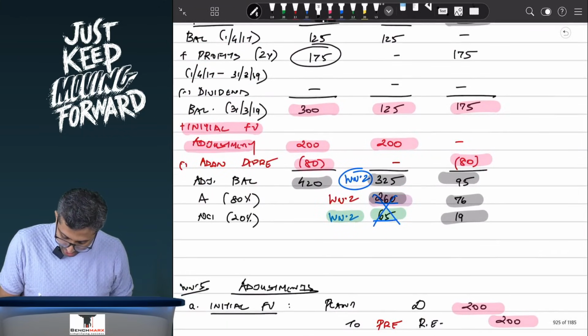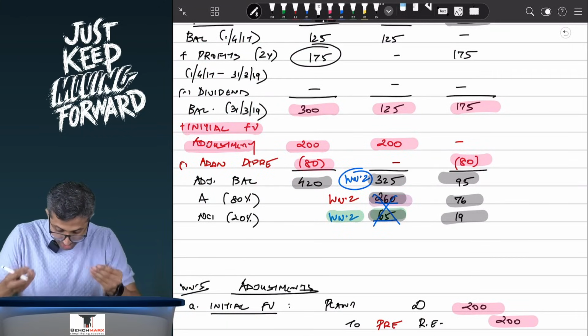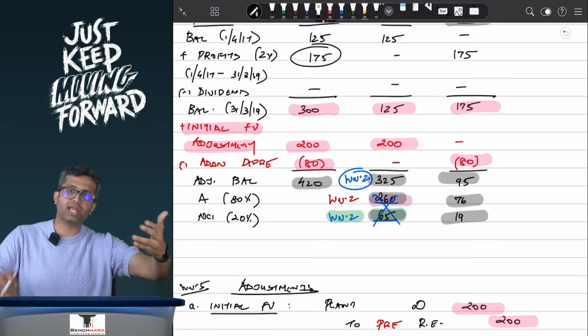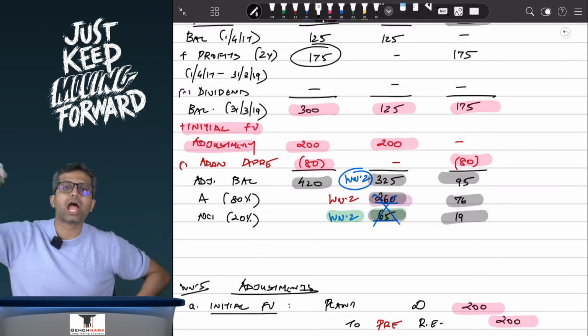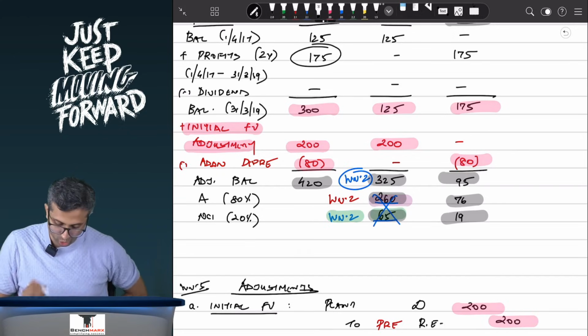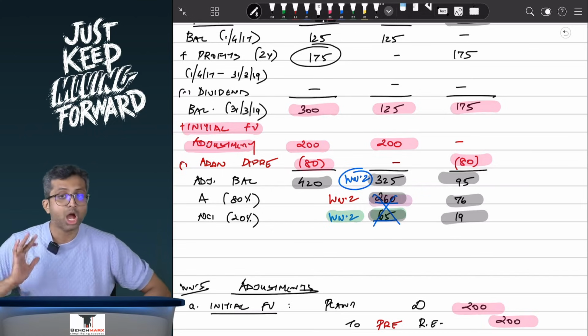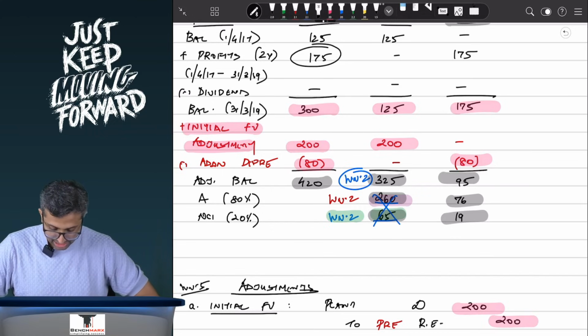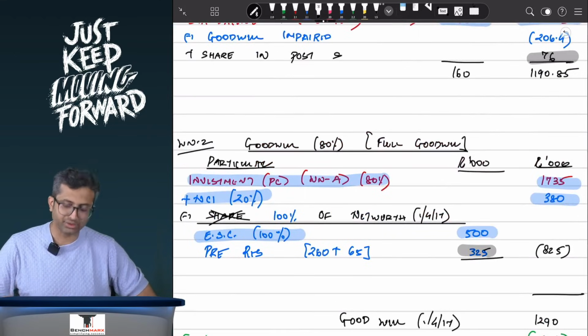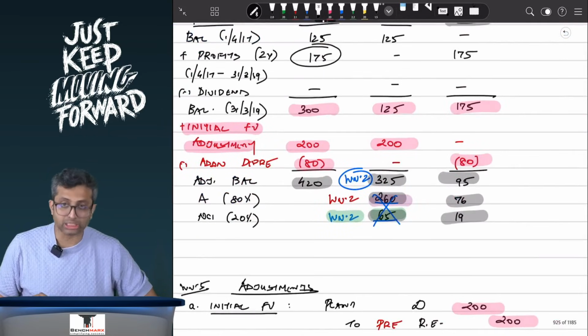Typically we split between 260 and 65. You can split that, but you should ensure that this entire 260 as well as 65 goes there. NCI on acquisition date is in working note 2, and hence NCI share in the share capital or the pre-acquisition reserves will also go in working note 2. So this is 260 as well as 65. Both of them will be taken over here, and thereby this pre-acquisition reserves of around 325 will come entirely over here.